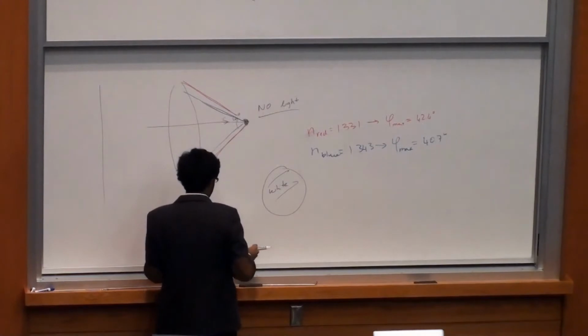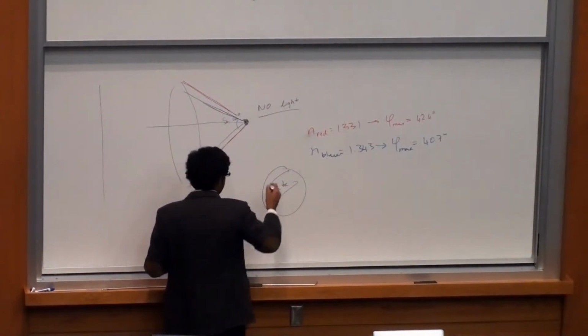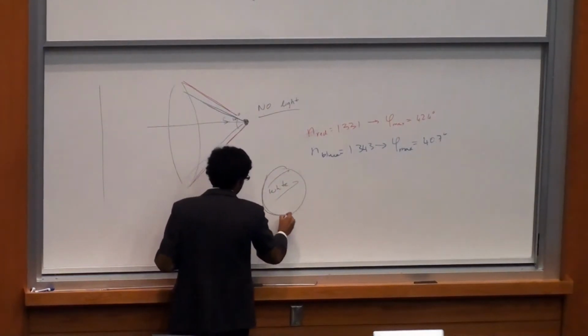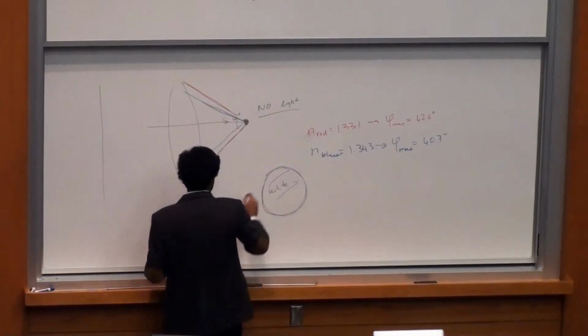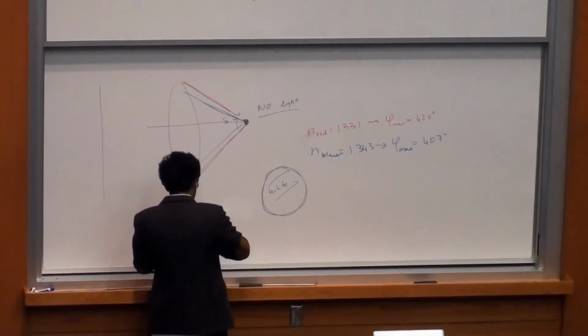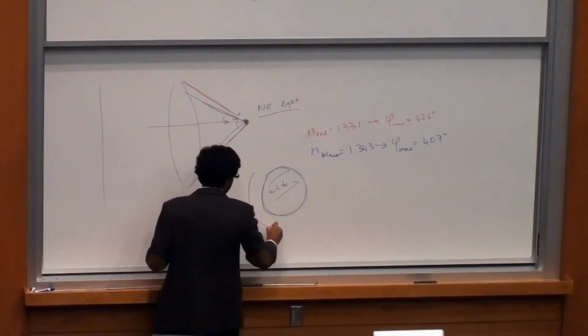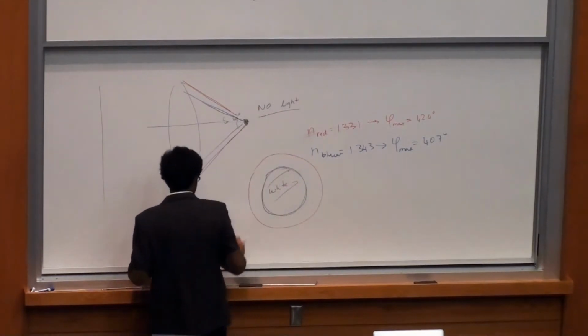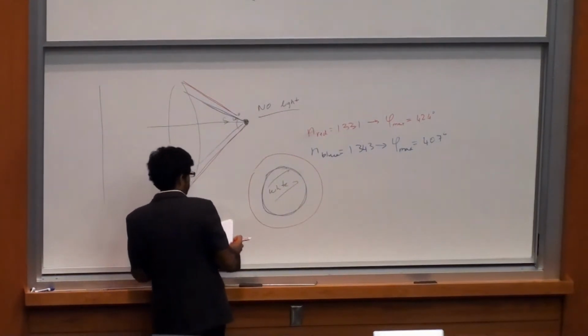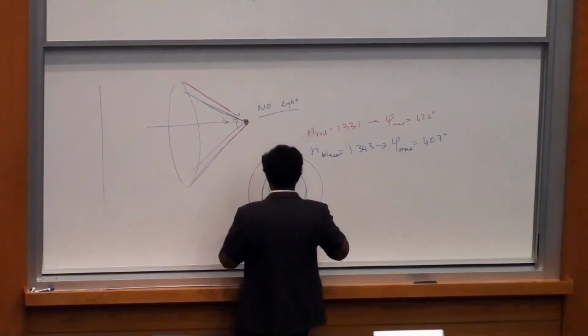The outer rim of that white light is going to be blue. And then in the outermost part I'll have red. And on the outside of this I'd have no light.